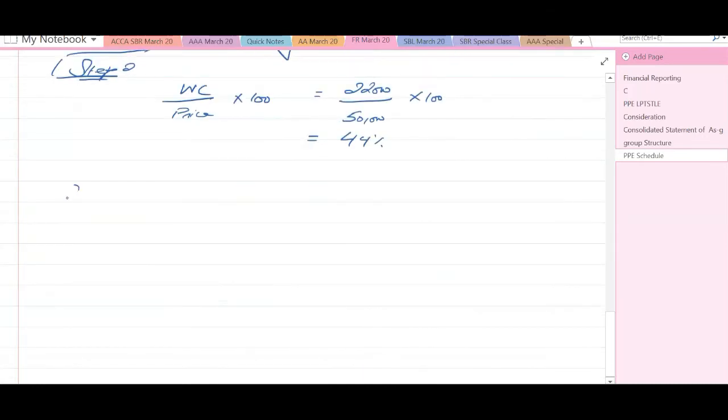All right, now you can calculate the step number three. So revenue is how much? 50,000 into 44%, 22,000, which was already given as well.